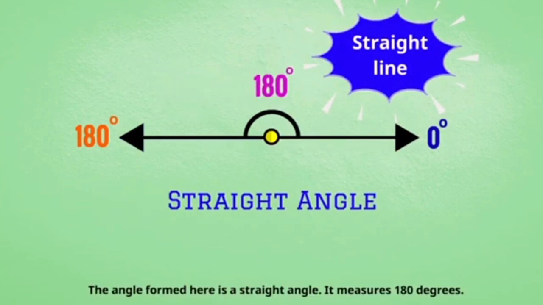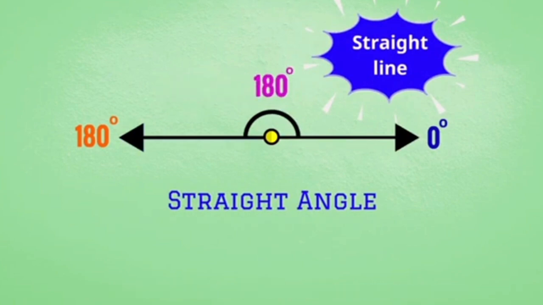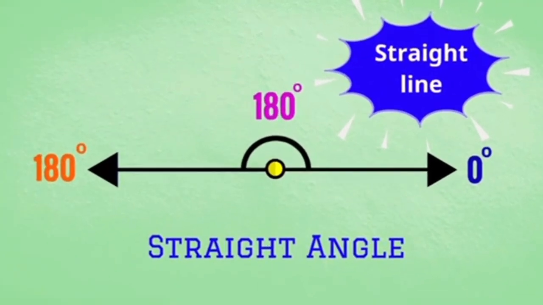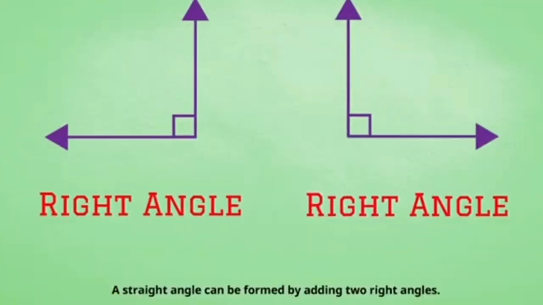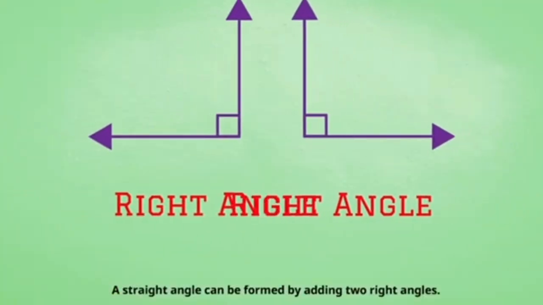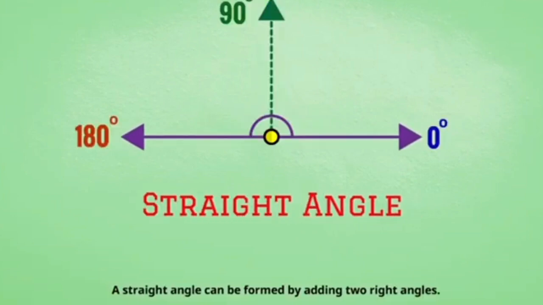Join the two right angles. A straight angle can be formed by adding two right angles. Right angle plus right angle is equal to 180 degrees, a straight angle.